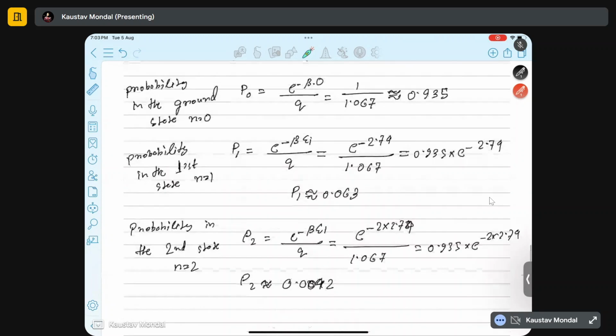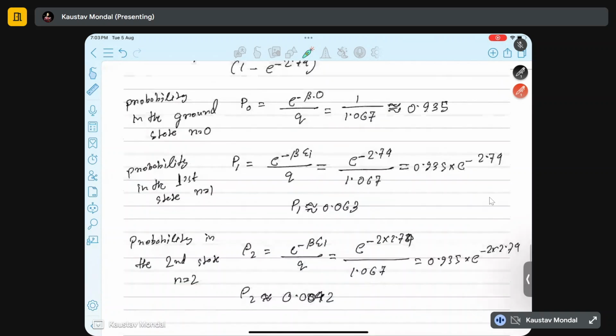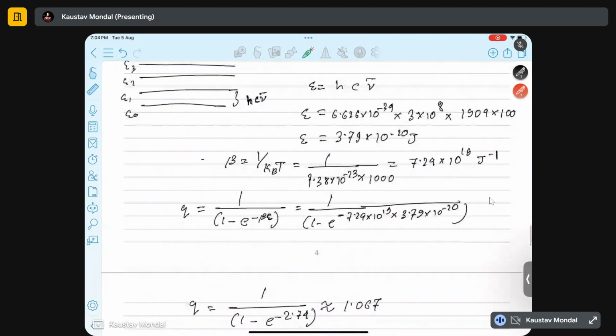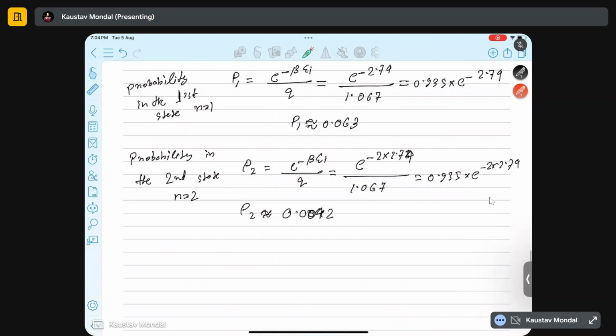The probability at n equal to 0 is 0.935, significantly lesser compared to the previous result. For the first excited state, we got a probability of 0.063, much higher than the previous order of 10 to the power minus 5. And in the second excited state you got 0.0042. So if you increase the temperature, more particles tend to move towards the higher vibrational states.